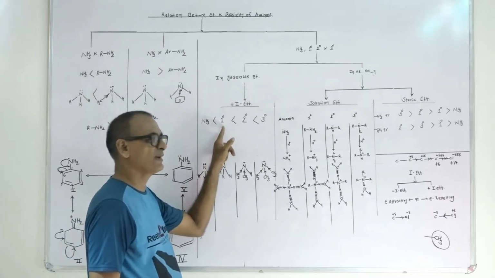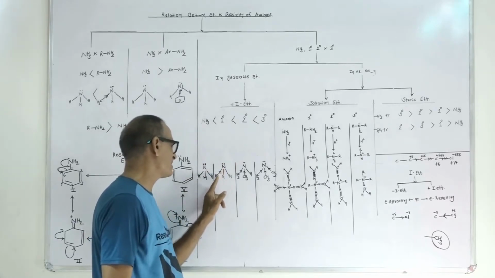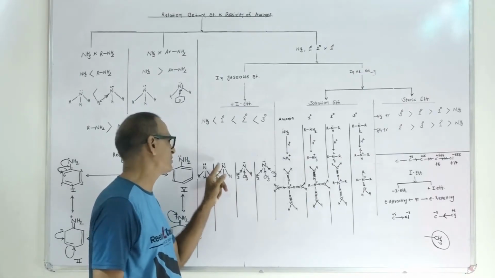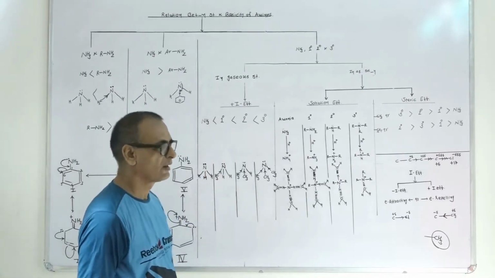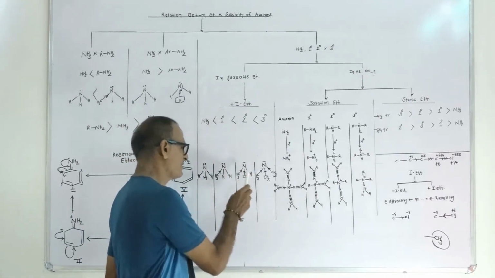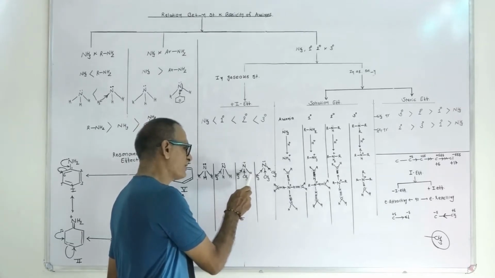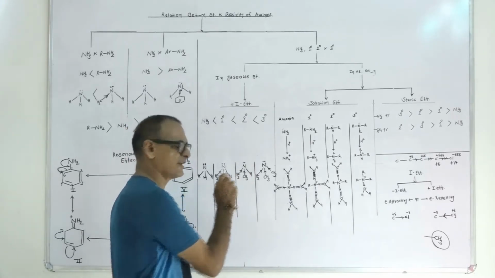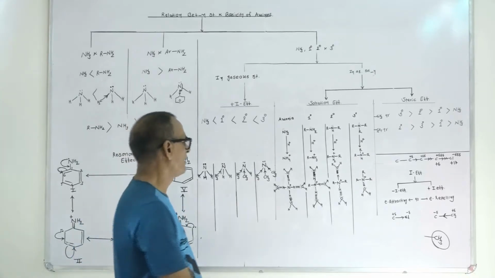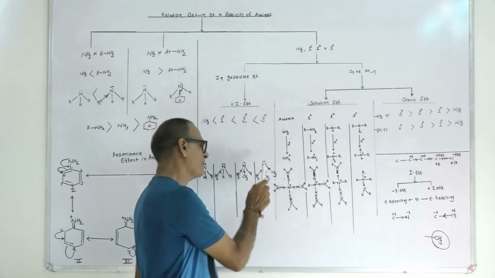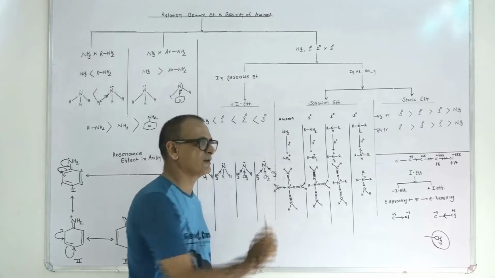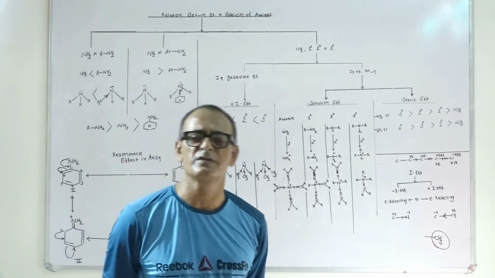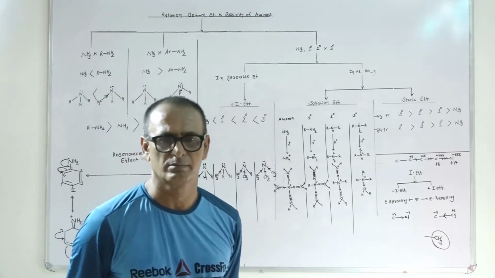In primary amine, CH3NH2, nitrogen is bonded with 2 hydrogen and 1 carbon atom, it is known as primary amine. In case of secondary amine, nitrogen is bonded with 2 carbon atoms and 1 hydrogen. In case of tertiary amine, nitrogen is bonded with 3 carbon atoms, no hydrogen is attached with nitrogen atom.